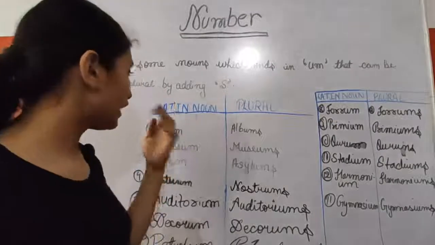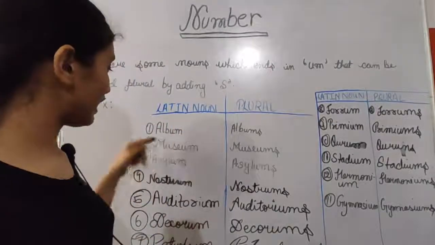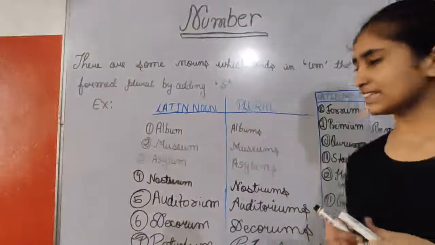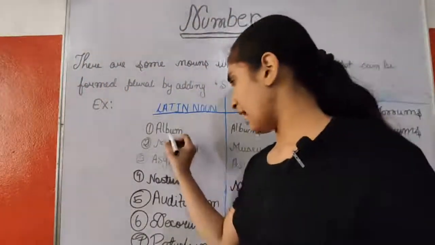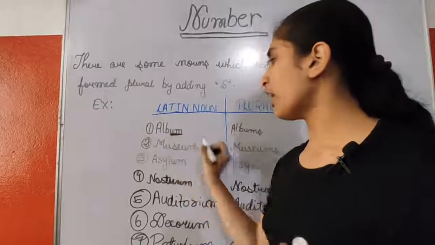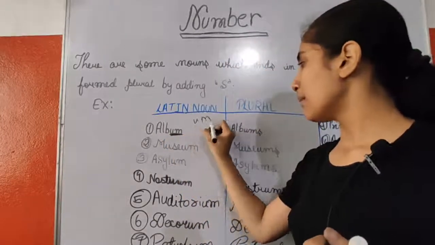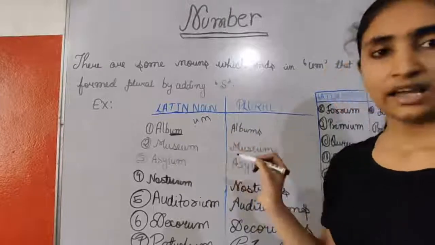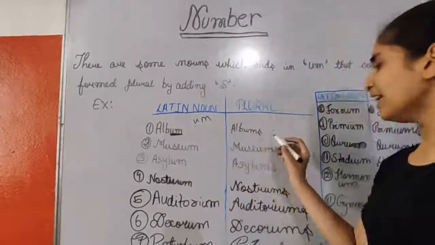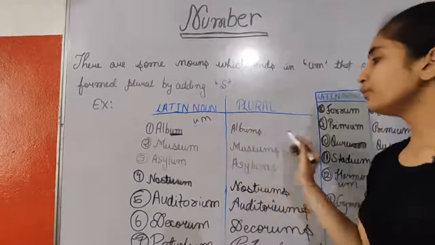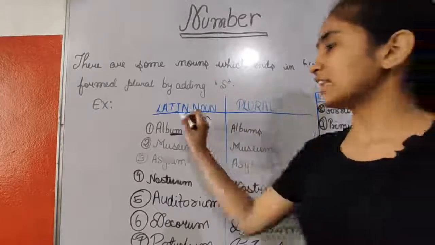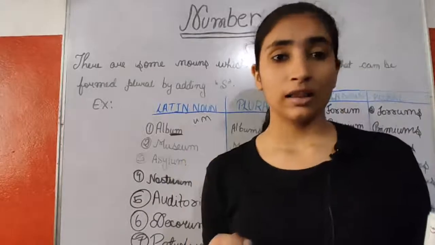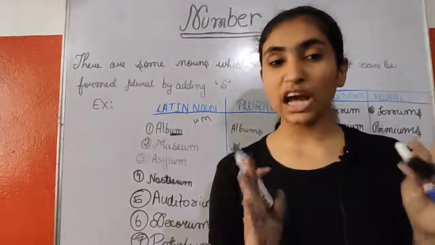Here is the list of the Latin nouns. The first one is album. Here you can see that album ends with um, but we have not changed it into a. We have just added s after um. These are the Latin nouns which are formed plural by adding s to the um.